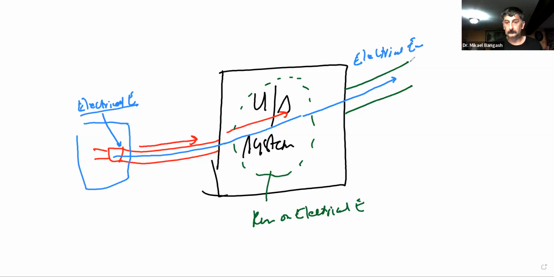Now we have our transducer. What the transducer is mainly going to do, and that's something we'll talk about later on, is change this electrical energy here into sound energy.